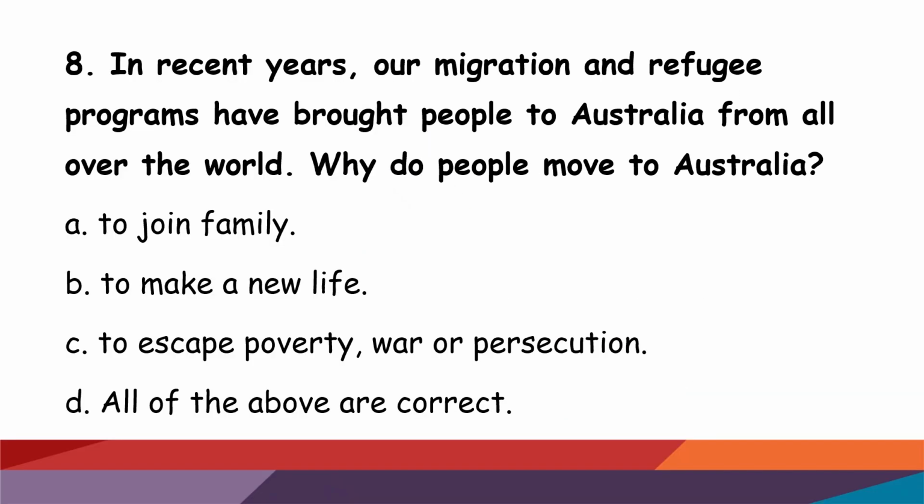Question 8. In recent years, our migration and refugee programs have brought people to Australia from all over the world. Why do people move to Australia? A. To join family. B. To make a new life. C. To escape poverty, war, or persecution. D. All of the above are correct.